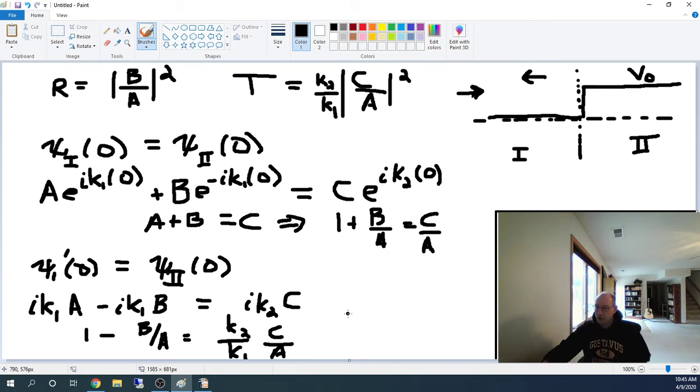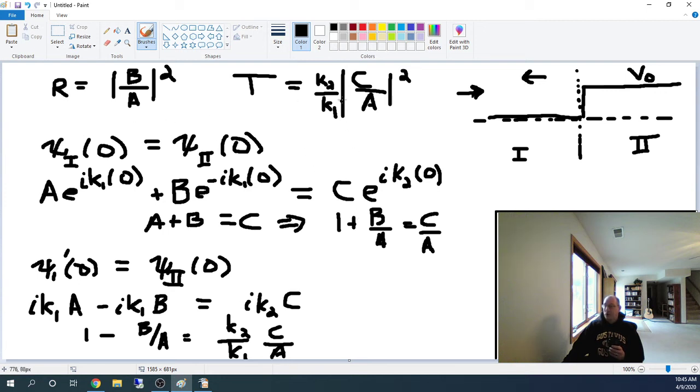So I wanted to show how that kind of works a little bit. Hopefully that's moderately clear. So then if I solve for B over A, it gives me some formula. I don't remember what it is off the top of my head. I could look at my lecture notes, but it tells you what B over A is, and then when you square it, you get the expression for the reflection coefficient.